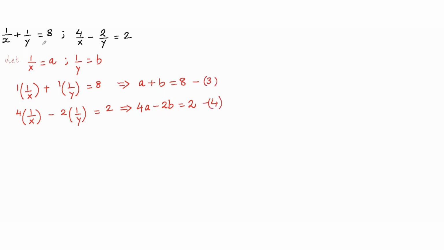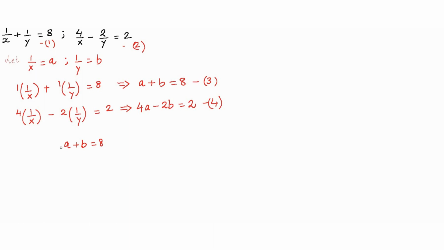I will always mark my original equations as 1 and 2, and now these equations are equations 3 and 4. So now let me decide to eliminate either a or b, right? So a plus b is equal to 8. Let me multiply this particular equation by 2.